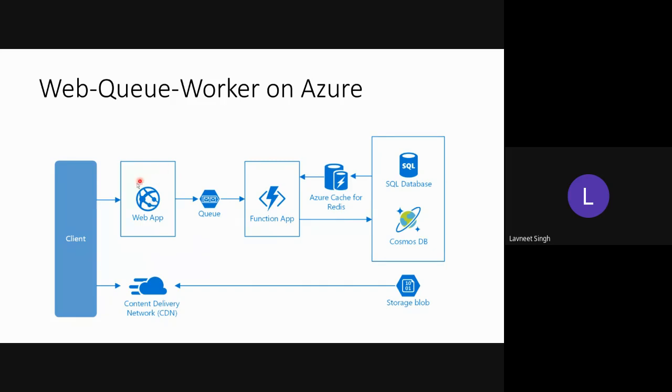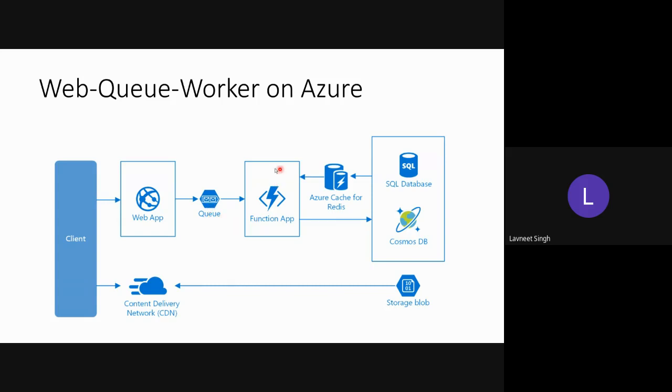For example, there is something called web app, right? It looks apparent, but there are details about how to use web app. There is a service called service bus queue. There is a storage queue also. So service bus queue is a service for using a queue in this web queue architecture.